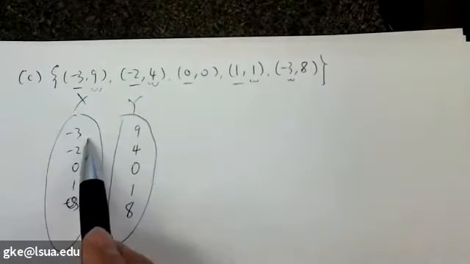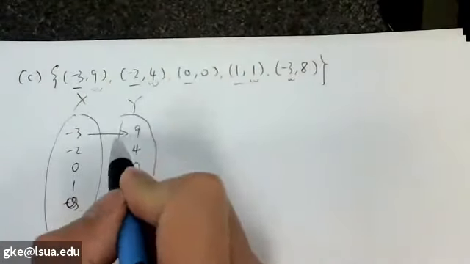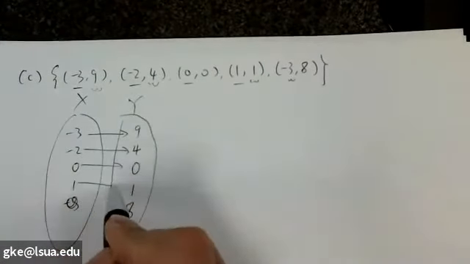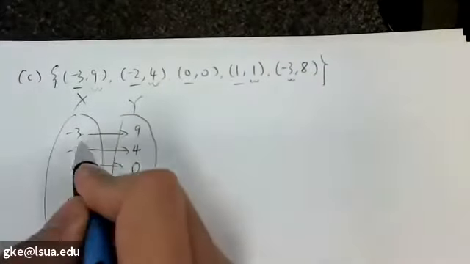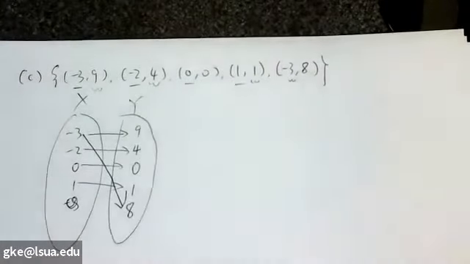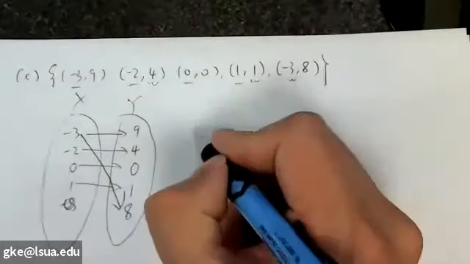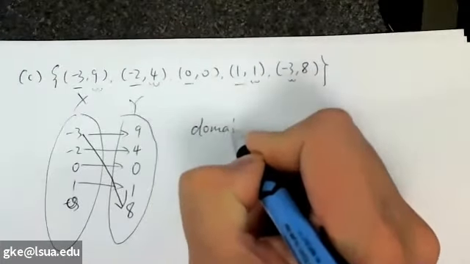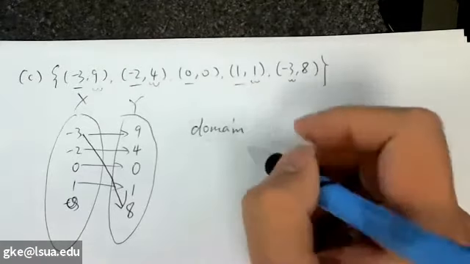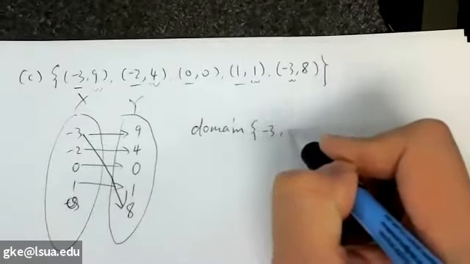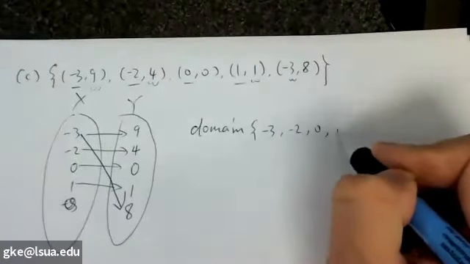Now for -3, we have one element in Y. -2 is 4, 0, 1. And we also found the last one here. So we can clearly tell the domain for the X set is going to be -3, -2, 0, 1.